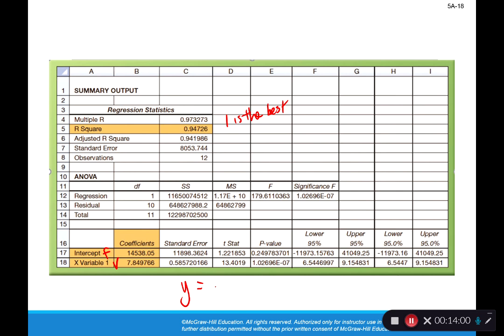Y equals 7.85 rounded x plus 14,538. And then I can use that equation to predict costs at any level of activity. So for our purposes, this is actually a better method for you because all you got to know is that the intercept is F, fixed cost, and the X variable is your V, variable cost per unit.